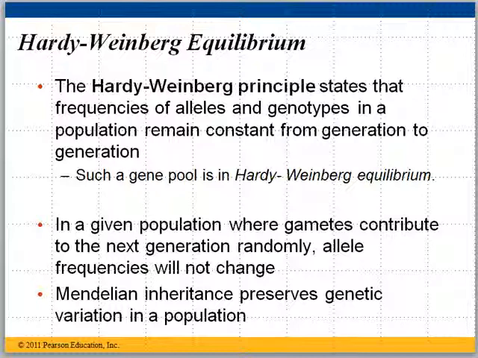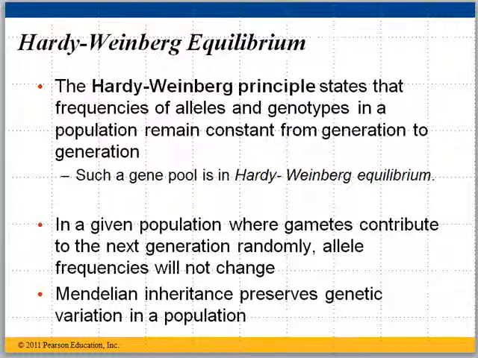But remember, we're looking at the individual alleles, the big R's and the little r's. In a given population where it's completely random as to which gametes get passed on, allele frequency will not change if no evolution is occurring. Mendelian inheritance preserves genetic variation in a population. And again, recall that this means if no evolution is occurring, if this particular population is at what we call Hardy-Weinberg equilibrium.